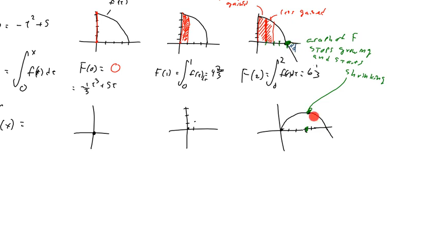This f is how much I have gained. I'm gaining stuff from 0 until 4. I'm adding to my total. I'm gaining less and less, but I'm still gaining, until this value right here at 4.